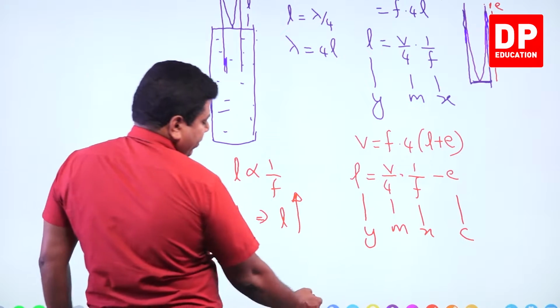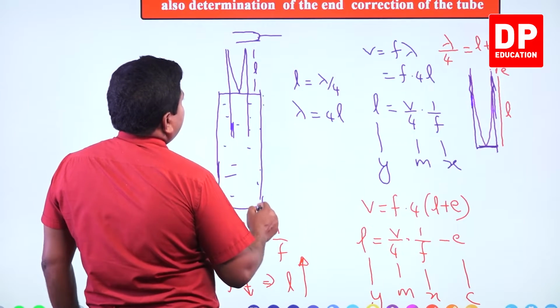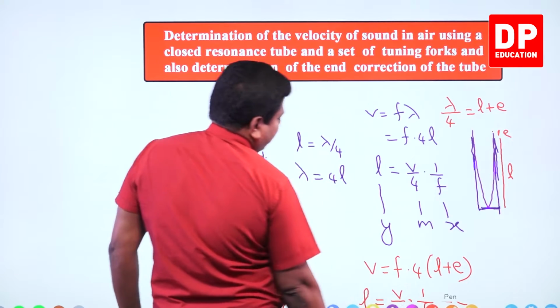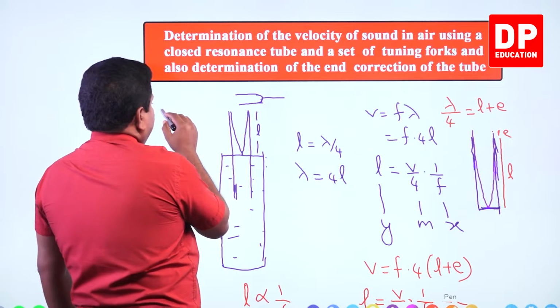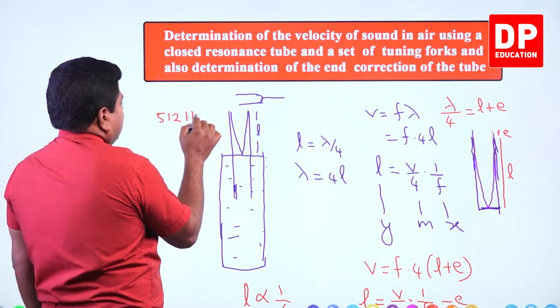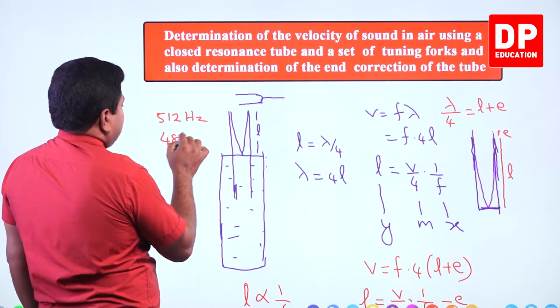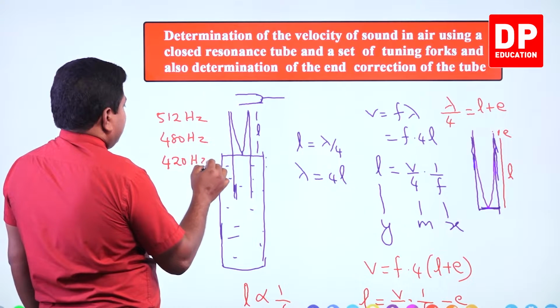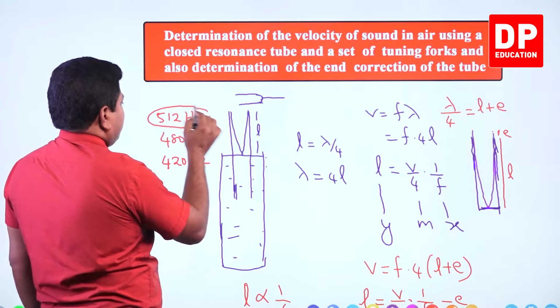So when we do this experiment, to find this length, first we will take the highest frequency. Let's say we have 512 hertz, 480 hertz, 420 hertz. Likewise, if we have the frequencies, first we will do the experiment for this one.